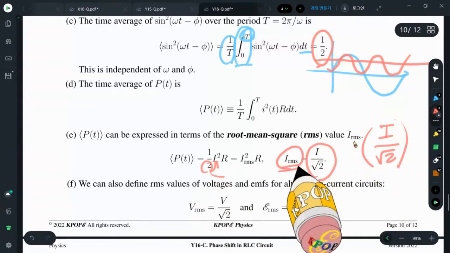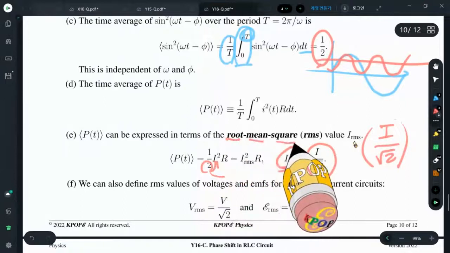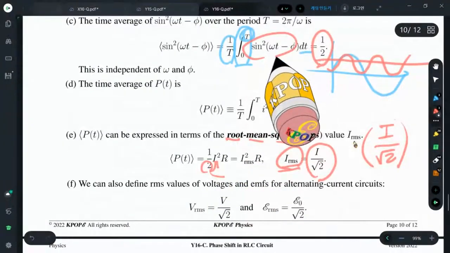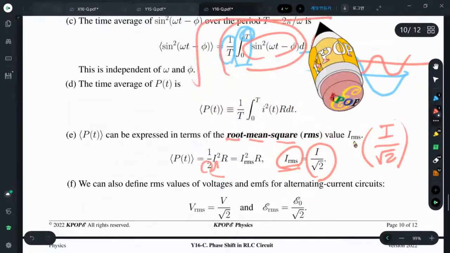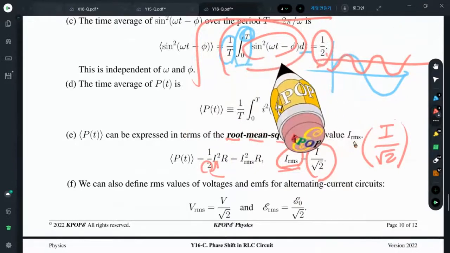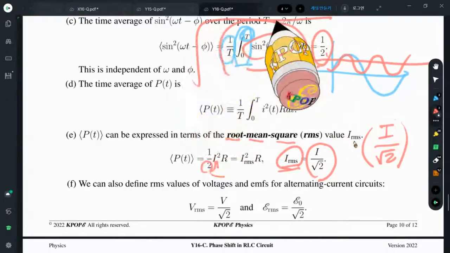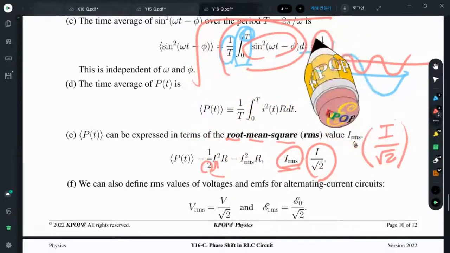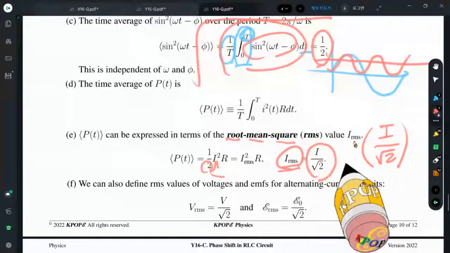This is RMS, root mean square. Square, take the mean, and then take the square root. So the mean is 1/2, and the square root becomes 1 over square root 2.